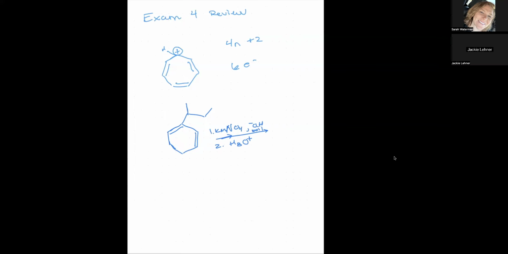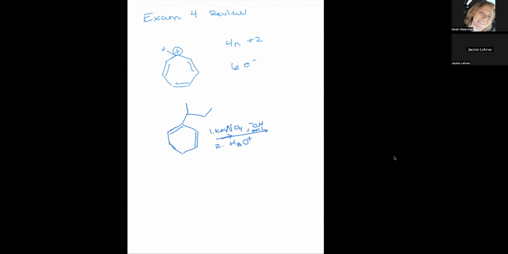Okay. So going back to this one. Okay. So when we have this reagent, basically what you're doing is oxidizing, right?